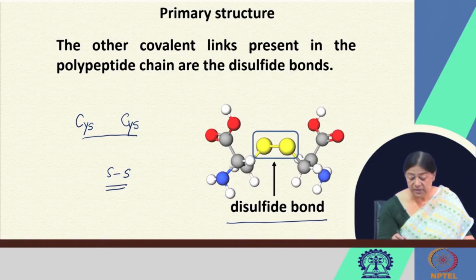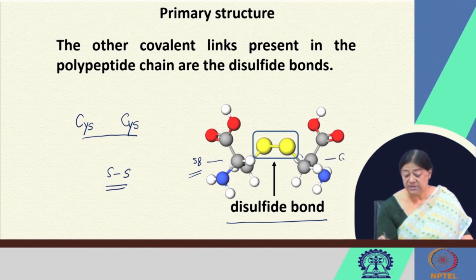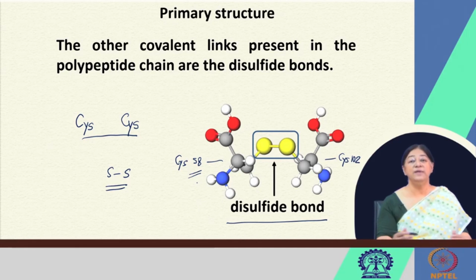This may be cysteine number, say, 58, and this may be cysteine number 102 in a large protein. So, what happens is when they come together, they bring different parts of the protein close to one another in 3-dimensional space, which we will see later on.